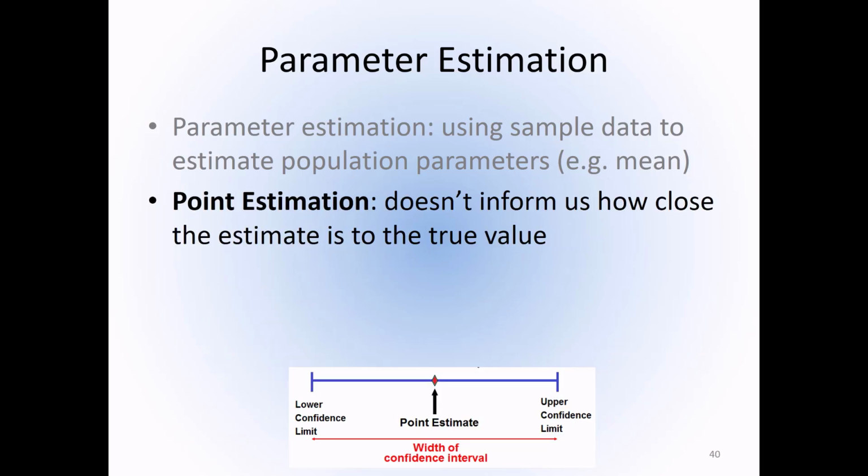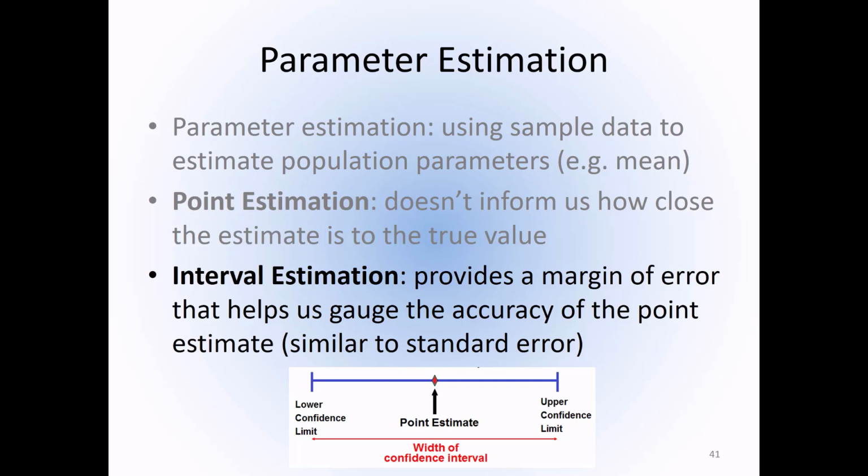So when we're thinking about these point estimates, we're not really sure how close it might be to the actual mean of the population. We just use statistical theory to suggest this is a good indicator of our population mean, and this is then supported by our interval estimate, which provides us with the margin of error to say how accurate and precise we are with our particular estimate.